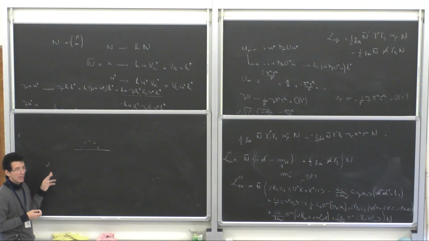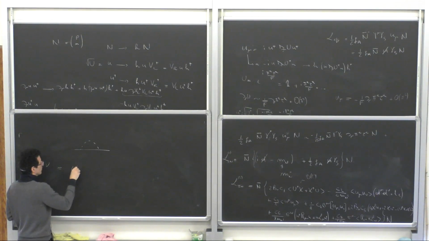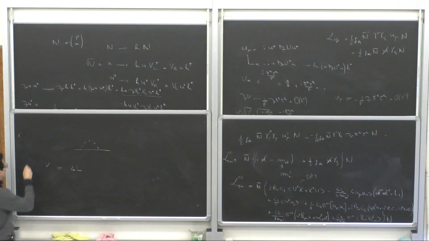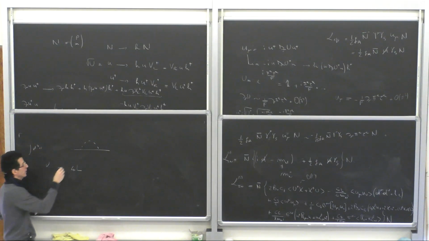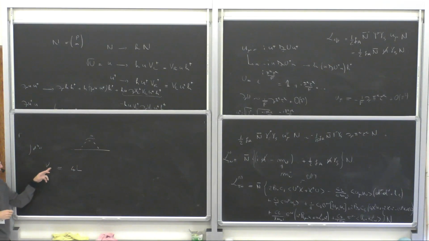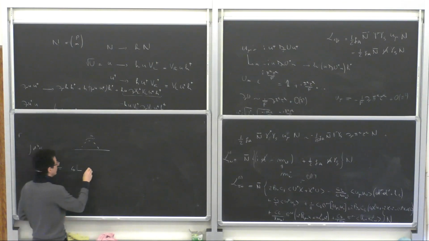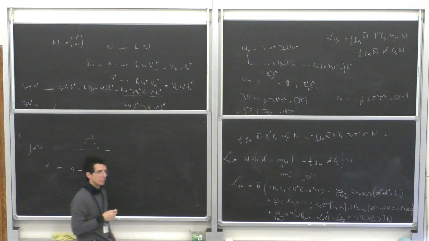Okay, simply count the number of powers of momenta. And so if there are L loops, each loop involves an integration over intermediate momentum, for instance here. So each loop brings 4 powers of soft momenta. Then there will be internal lines. Internal line, yes?